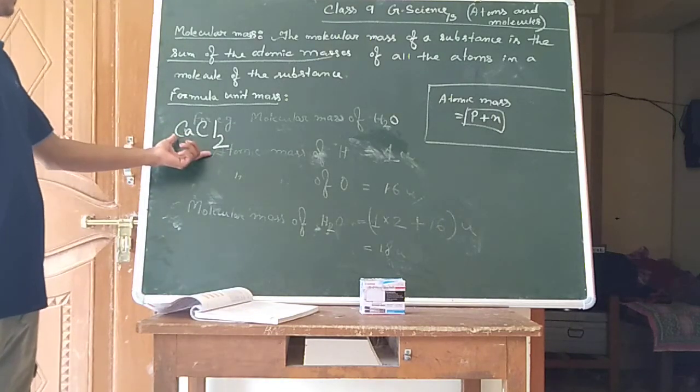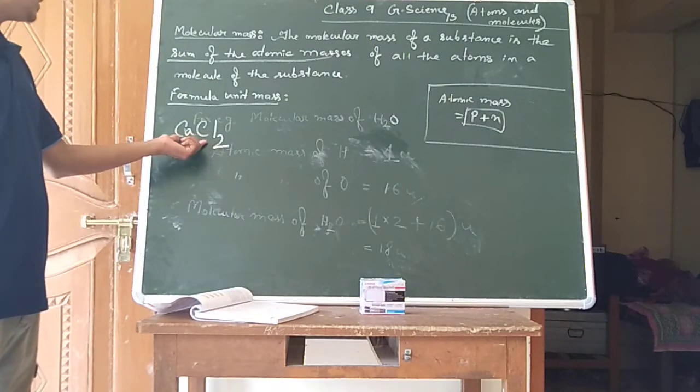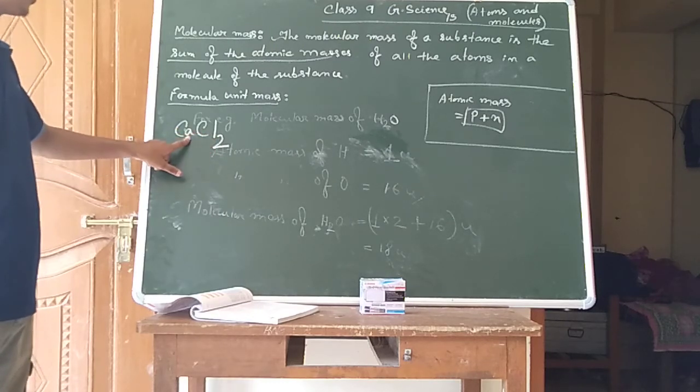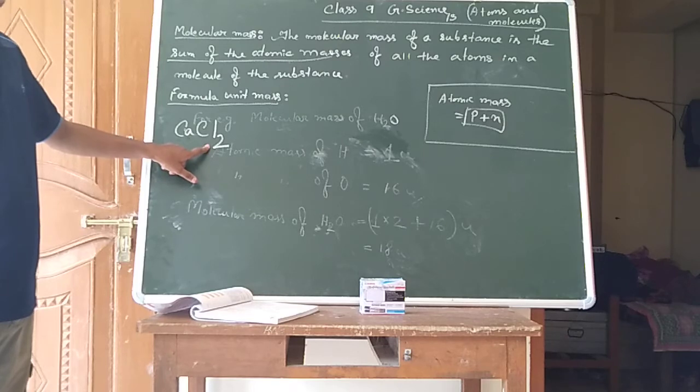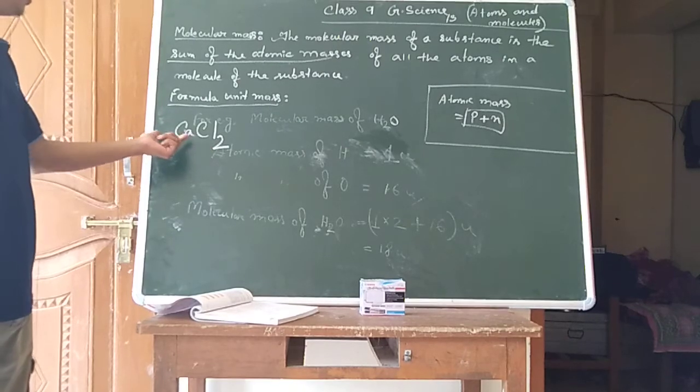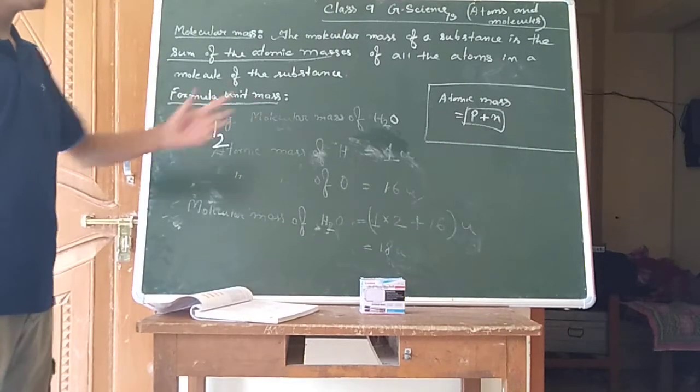In this compound, the constituent particles are ions: calcium is a positively charged ion and chlorine is a negatively charged ion. For this we use the term formula unit mass.